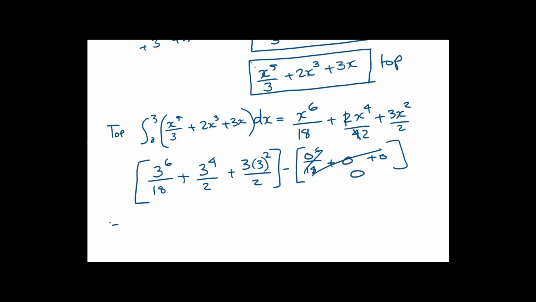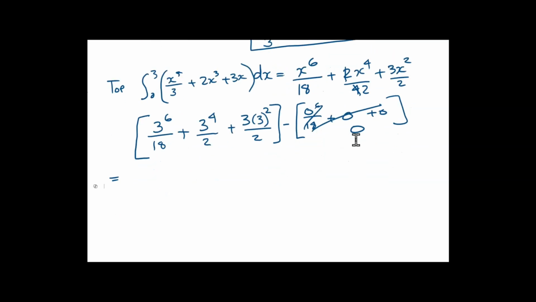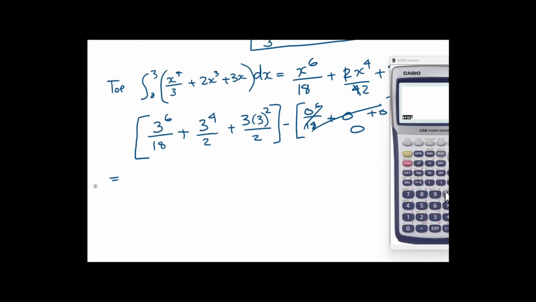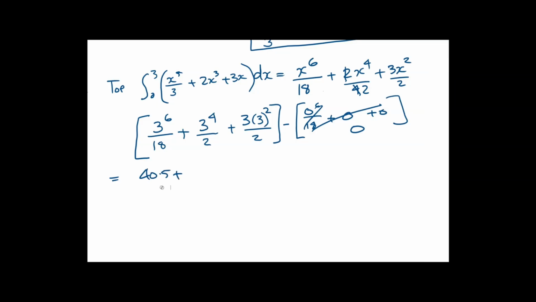So all of the action is going to be in the first three terms. I'll do them two by two. So 3 to the power of 6, divided by 18, is 40.5. 3 to the power of 4 is 81, divided by 2, is 40.5 as well.